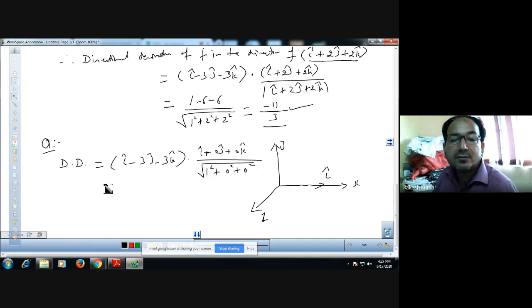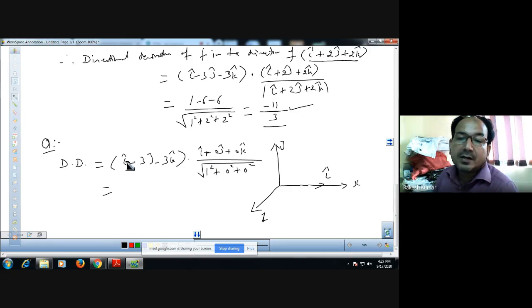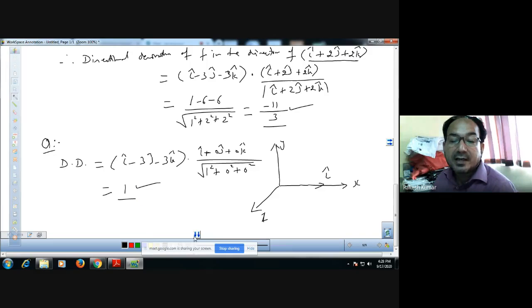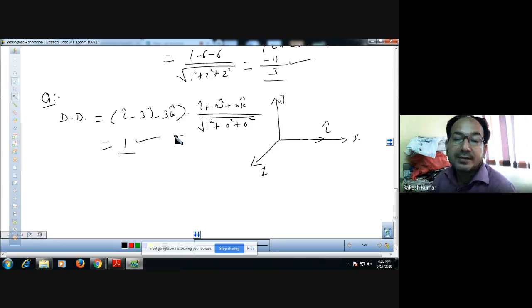Ultimately it will give you 1, and in the denominator there is 1, and in the numerator i dot i is 1, minus 3 into 0 will be 0, and minus 3 into 0 will be 0. So this is the directional derivative. Again it is the scalar quantity. So this is the directional derivative in the direction of x-axis.